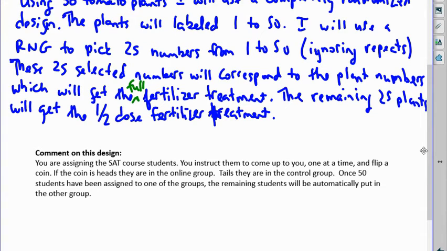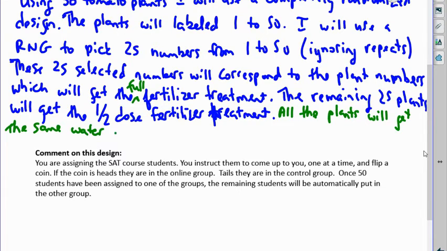So I will control that all the plants will get the same amount of water and sunshine.